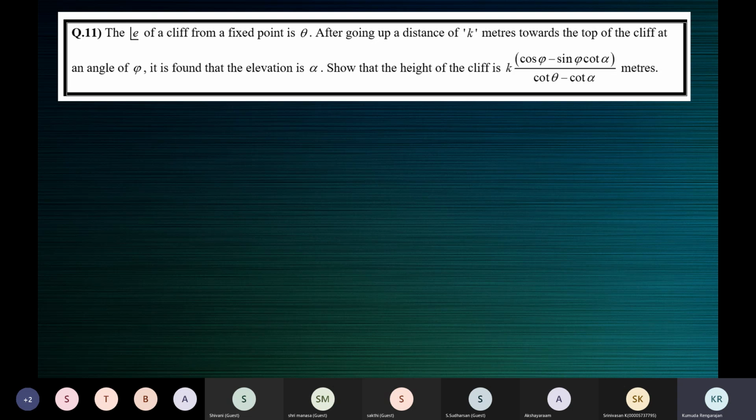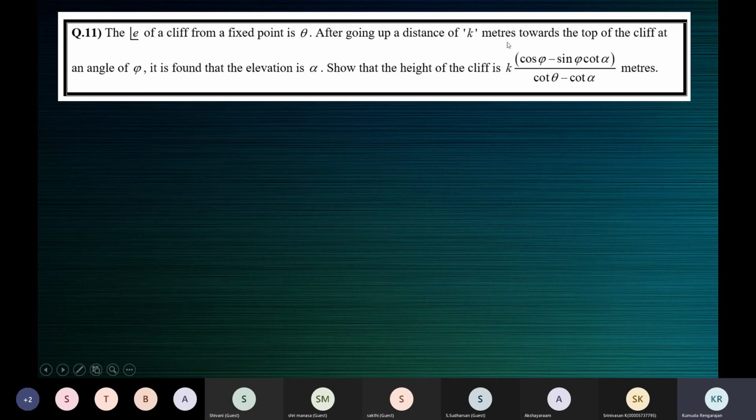For obvious reasons, the elevation of the summit, you will have to look high up to look at the summit. That angle will be more than the angle of the slope on which you're walking. So this phi will definitely be less than theta. 45 degrees, like we saw earlier, this is 30 degrees. So theta is greater than phi.